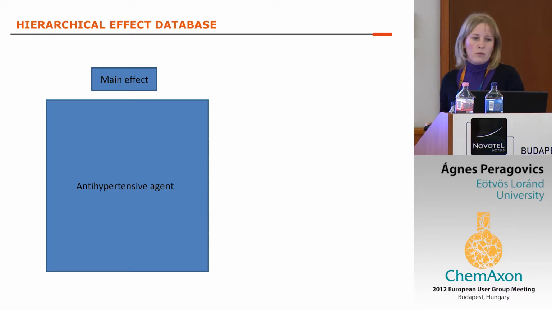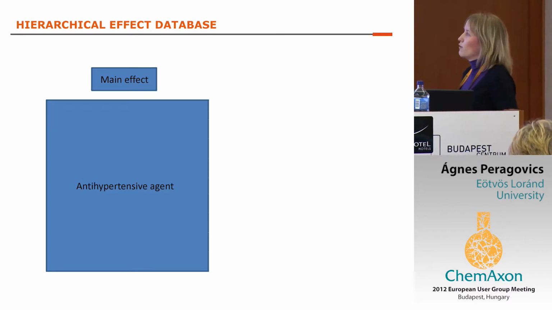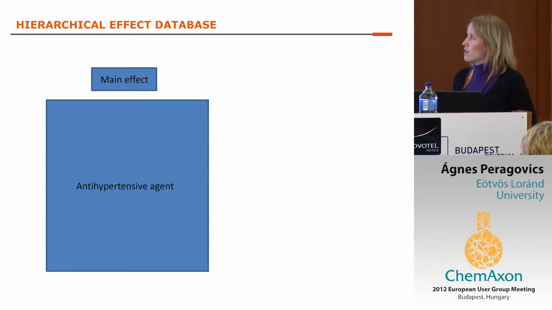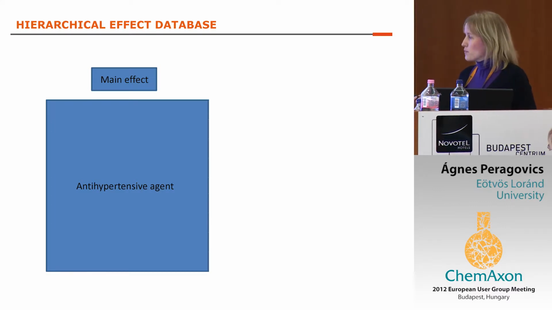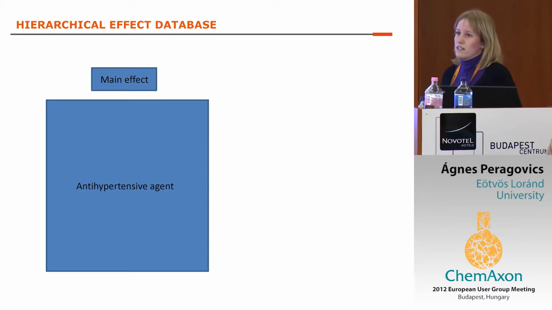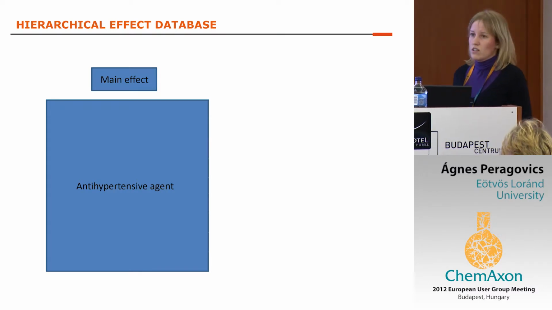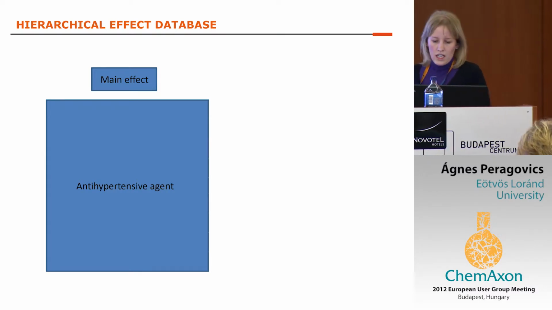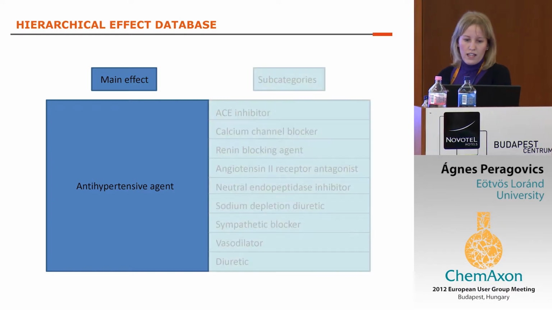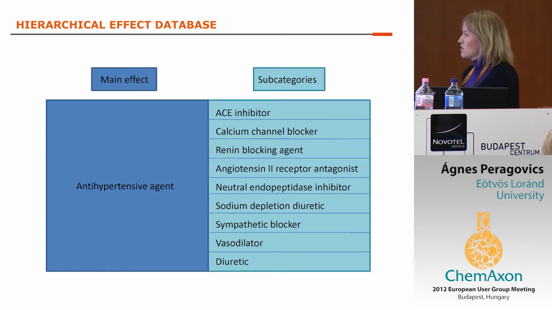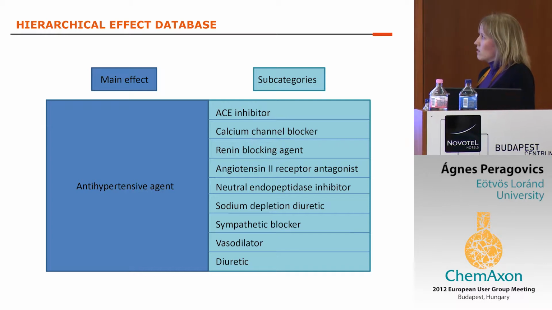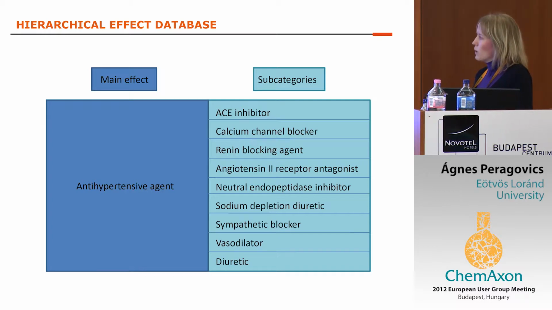A little bit more detail about the effect database we used in our study. This is an in-house hierarchical effect database that consists of 2 levels. There are main effects such as this one, antihypertensive agent, and it is divided into several subcategories, like you can see here, based on the mechanism of action.